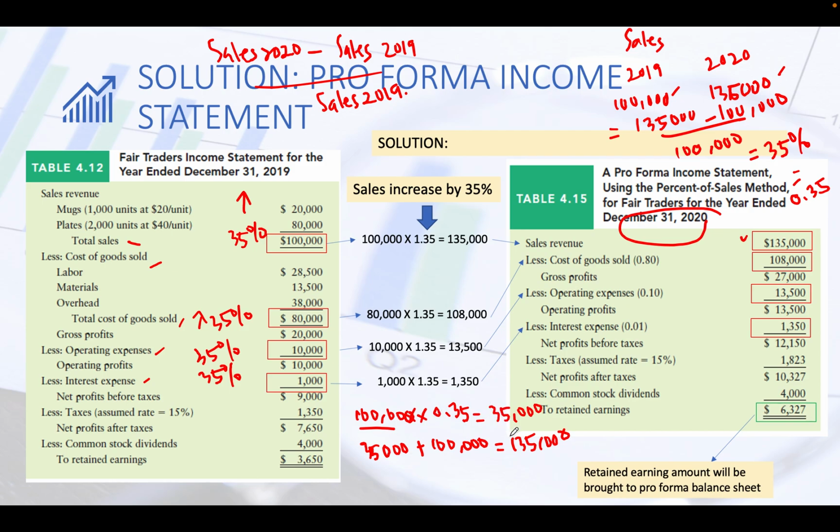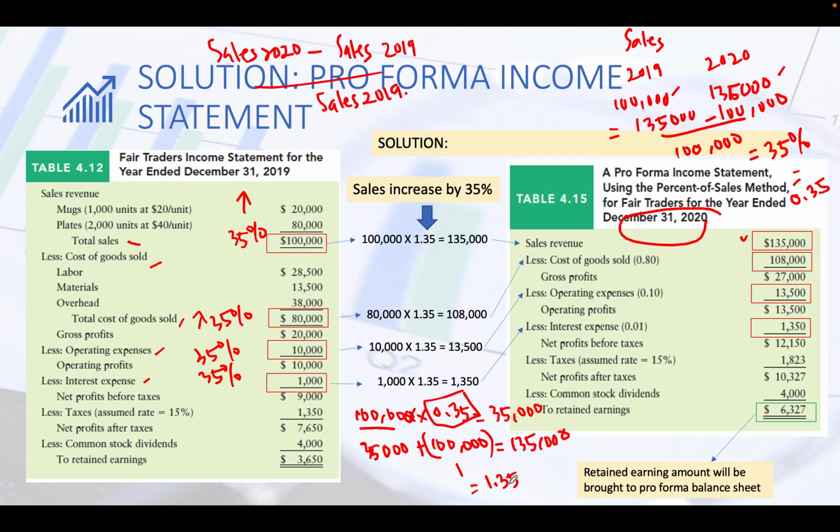So, dengan menggunakan formula matematik kat sini, this one is considered as 1. This one is considered as 35% tadi, 0.35. That's why for you to easy calculate the increment, we multiply with 1.35.